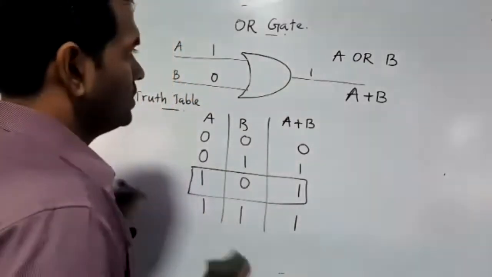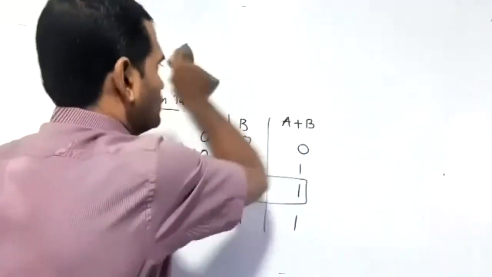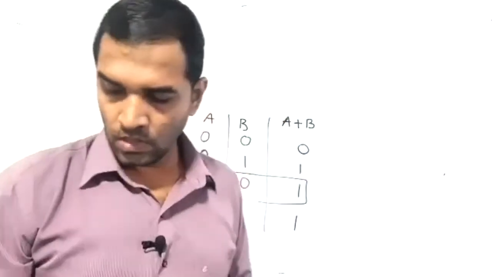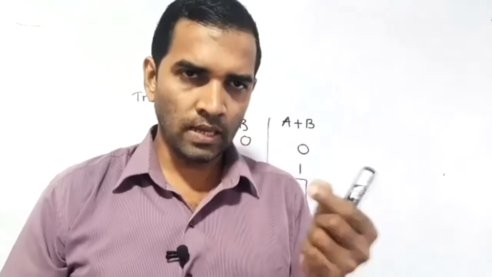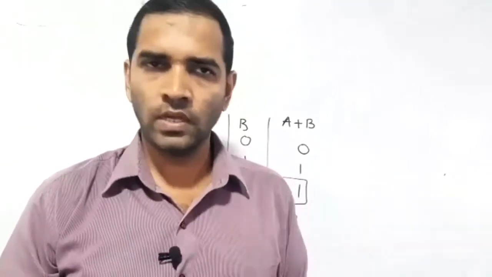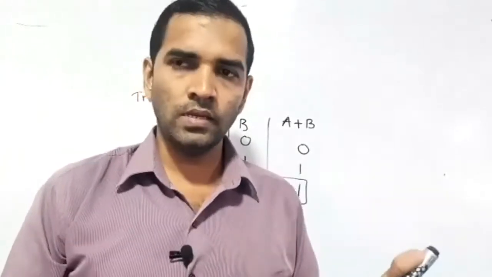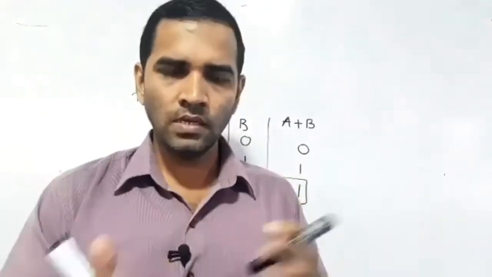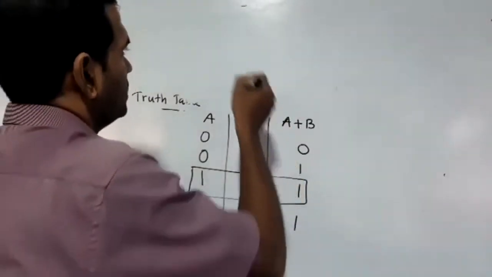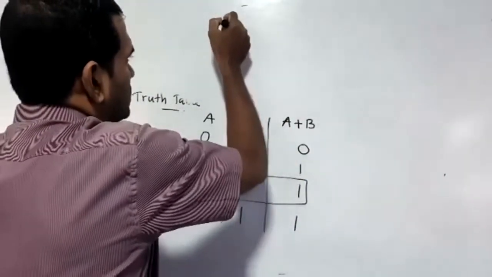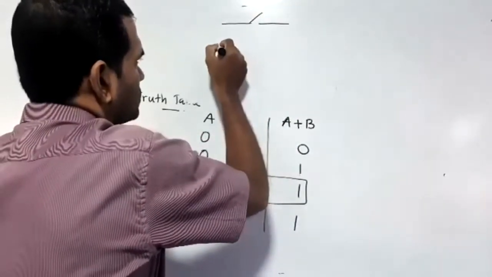Okay, look here. I just want to draw on the top here. I hope that you remember the electric circuit which we drew in the previous class for the AND gate. There we connected two switches serially, side by side. Look here how this circuit looks. I take a switch here, and I take another switch.